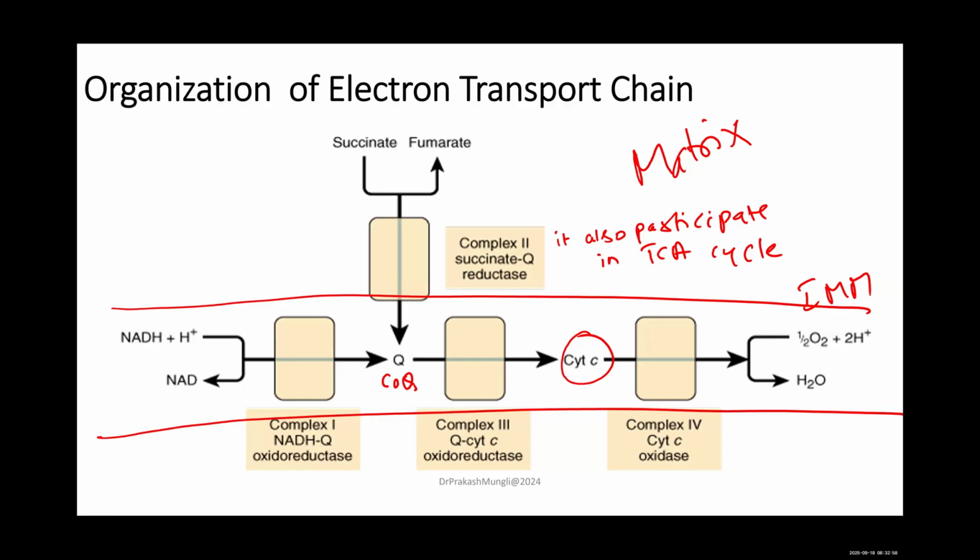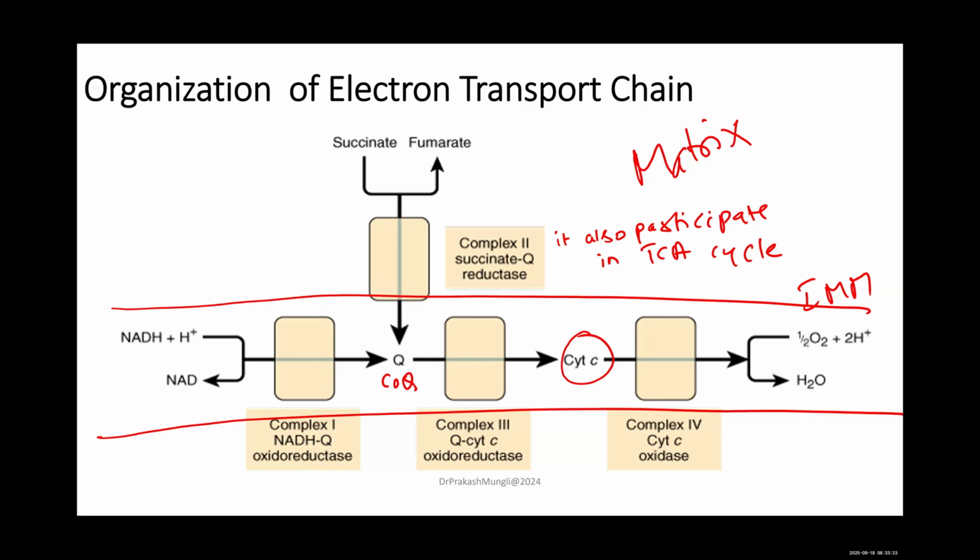This CoQ is a mobile complex, and you got to know the location where it is located, because that is important for understanding purpose. So it is located between complex 1, complex 2 and complex 3. Okay, remember that. And then cytochrome C is located between complex 3 and complex 4.